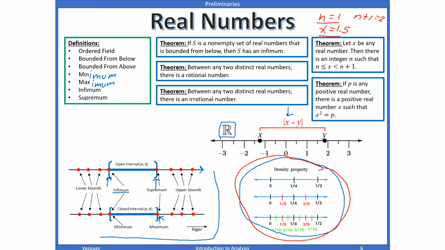And we have that if p is a positive real number, there is a positive real number x such that x squared is equal to p. So again, I wouldn't say obvious, because we do require proof, but given p equal to, let's say, 3 pi, then there's a number x such that x squared is equal to 3 pi.